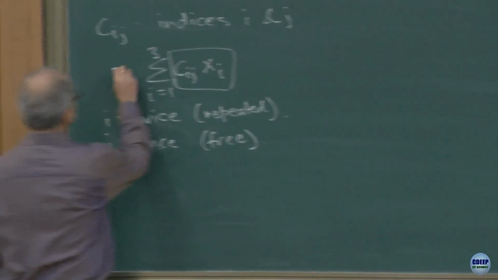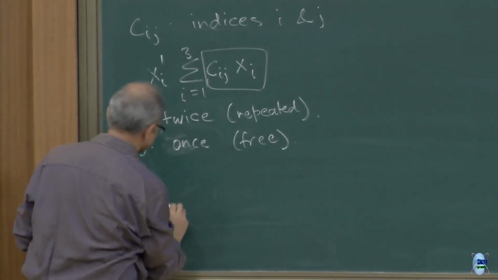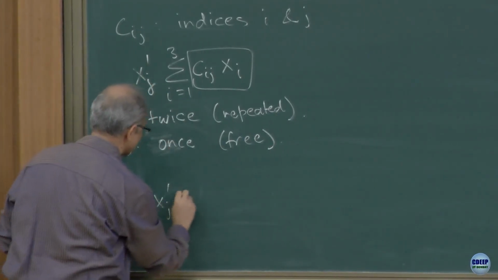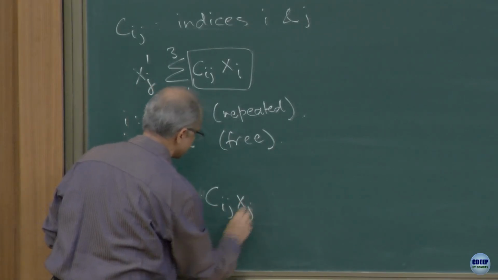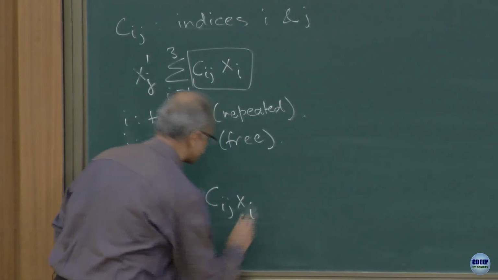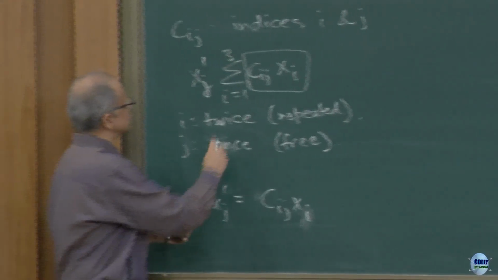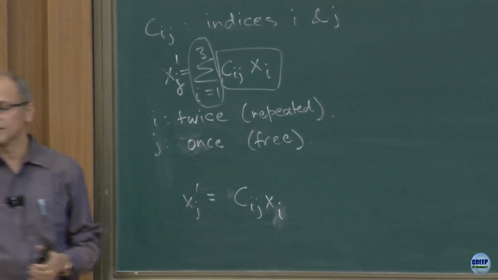So this was the equation that we have written up. Instead of that, I'm just going to write it out as Cij xi, omitting the summation altogether.